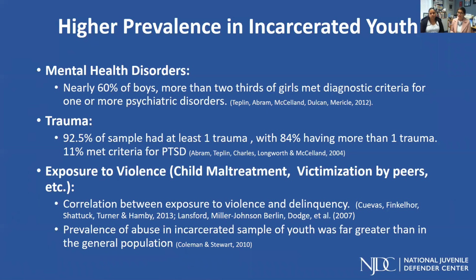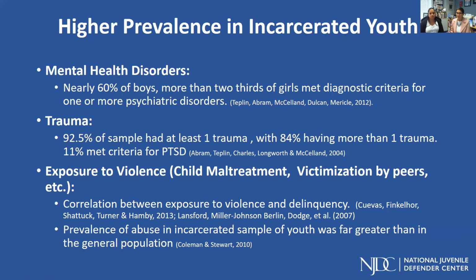This has serious implications for pretrial detention and for our advocacy against pretrial detention of young people. We know that the conditions of confinement and the conditions that we see in facilities have the potential to exacerbate symptoms of mental health disorders and PTSD by either triggering young people or re-traumatizing them.